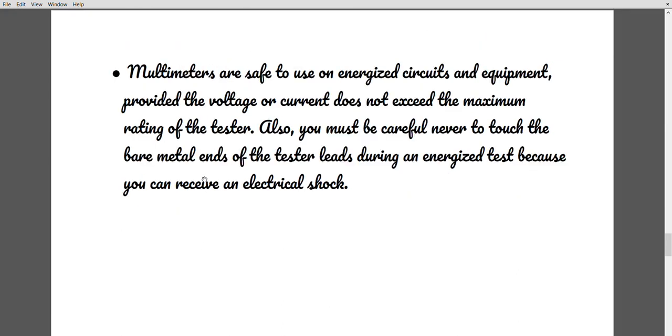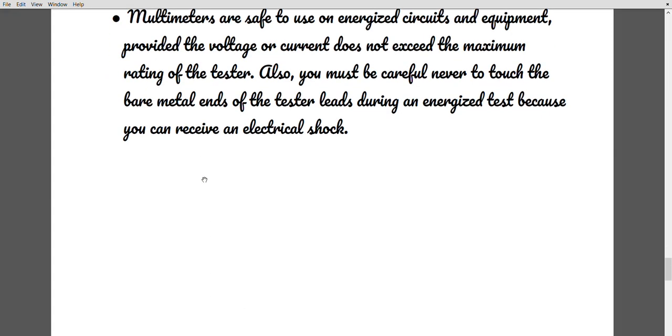Multimeters are safe to use on energized circuits and equipment. This will not give us a shock during the process of working, provided the voltage or current does not exceed the maximum rating of the tester. Also, we have to be careful never to touch the bare metal ends of the leads during an energized test, because you can receive an electrical shock.